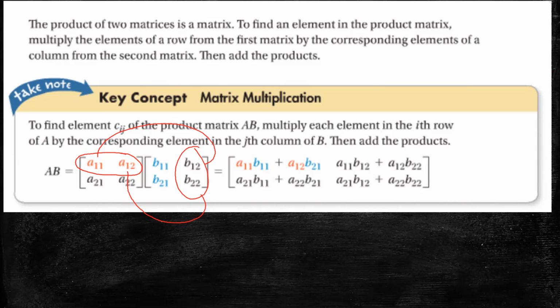After I finish with the first row, I will go to the second row. Then I will multiply it with the first column, A sub 21 with B sub 11 plus A sub 22 with B sub 21. Then the second row with the second column, A sub 21 with B sub 12 and A sub 22 with B sub 22.